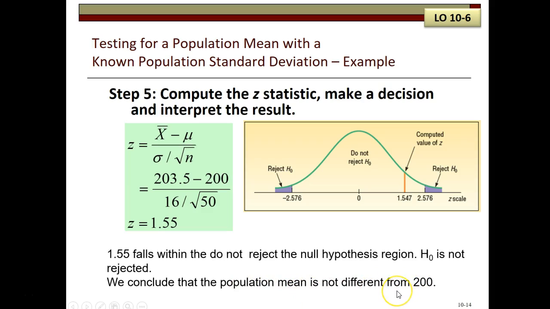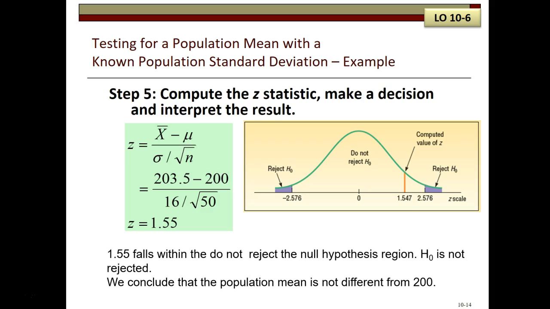So in the last minute, let me explain what that means. From our sample, we got 203.5. The vice president wants to know, is all this equipment, all these employees, making a difference in the population mean? Is it more than what we've been doing? The answer is no. We could pull another sample of 50 and easily get a 197.5 or 196.5.